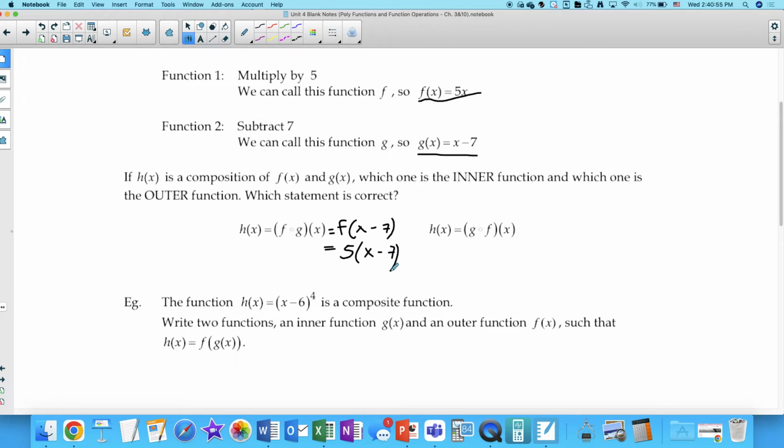If we do it the other way, g of f of x, f of x is 5x, and g is something minus 7, so we put the 5x in there. It looks like it's the second way.